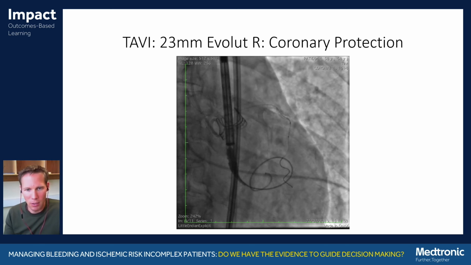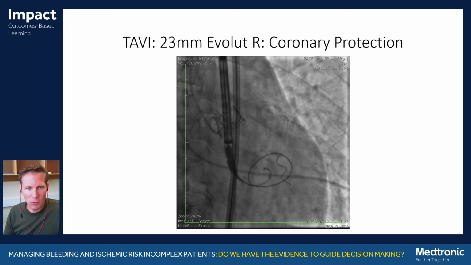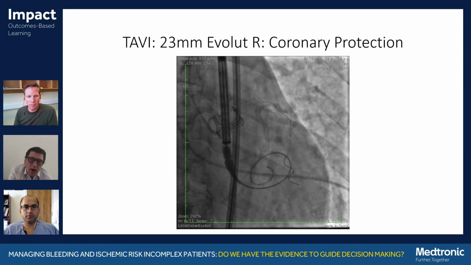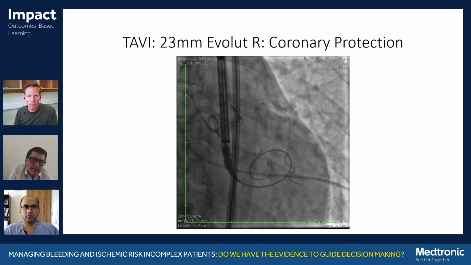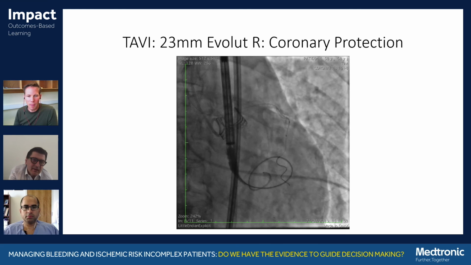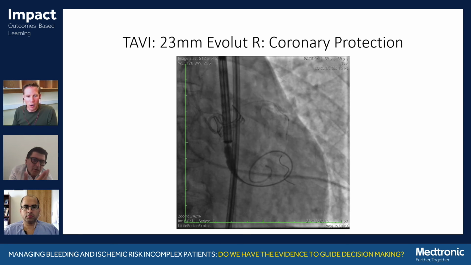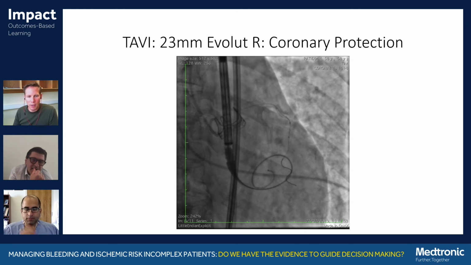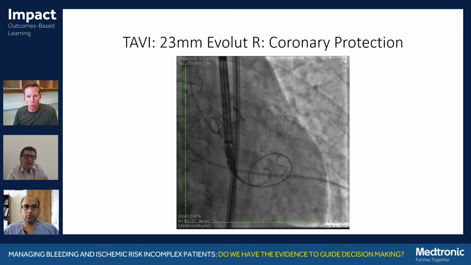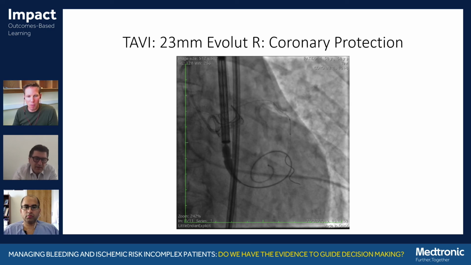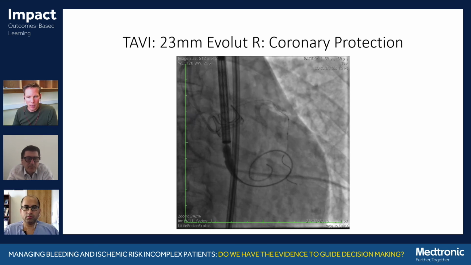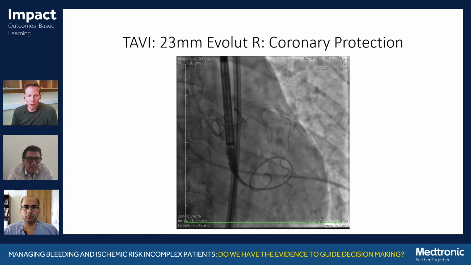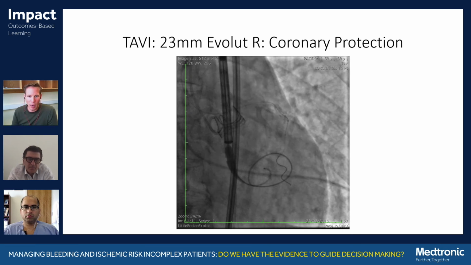Can I stop you here and ask you a question? Sure, please. I see you have a wire in the LAD, so you're protecting. It's like the chimney technique. Yeah. So Elvin, our assessment prior to TAVI suggested that her risk of coronary occlusion was moderate at best. But in this young patient, if there's even moderate risk, we'll just leave a wire down the.